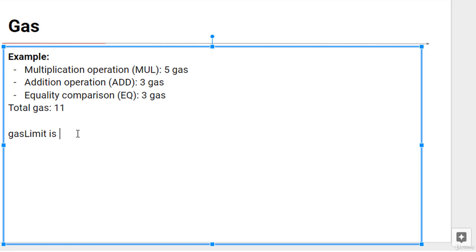But if I say I want to pay a maximum of 10,000 units of gas, is there a problem? No, there is no problem. This doesn't mean I will pay the whole amount, 10,000 units of gas. I will pay only 11 gas.